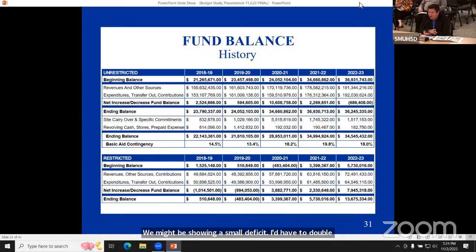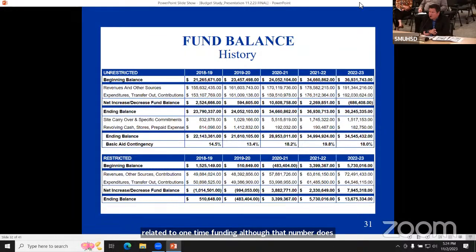We have a little over a $3 million deficit in the current year, unrestricted and restricted. That's primarily related to one-time funding, although that number does not include the additional one-time funding that we approved around health and welfare costs for 2024.